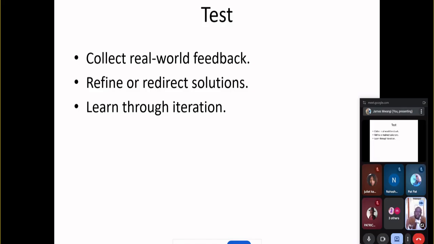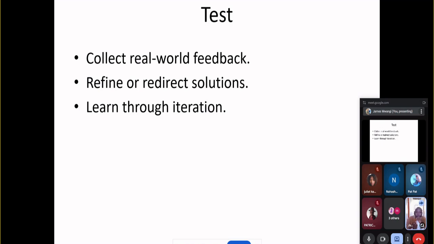So when you test, you get the feedback, and then you go back and change. You refine and redirect the solution. Maybe you change the recipe, you change some ingredient, maybe you change the width of a certain member of your structure. Maybe you change a module within your software, or a class or something.